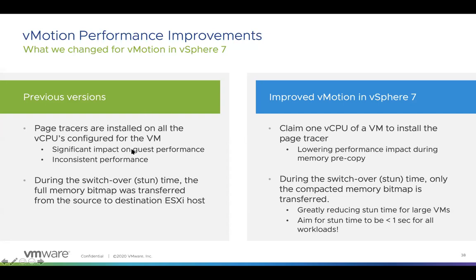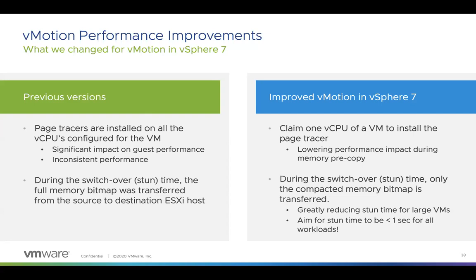Now, as I mentioned, we revamped our entire DRS and vMotion related capabilities, where instead of deploying these page tracers at every vCPU, we just take one CPU for a VM and manage the entire VM with that. This really lowers the performance impact and optimizes the memory pre-copy time.